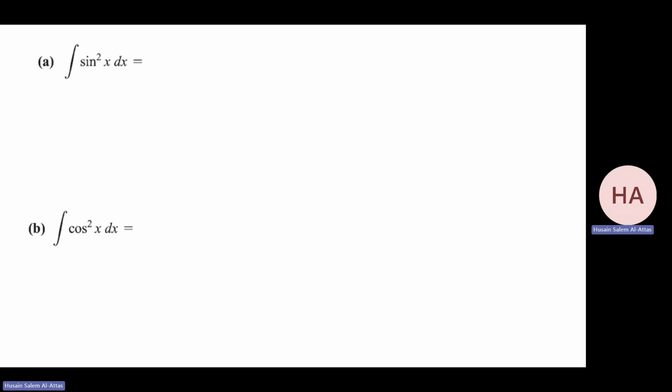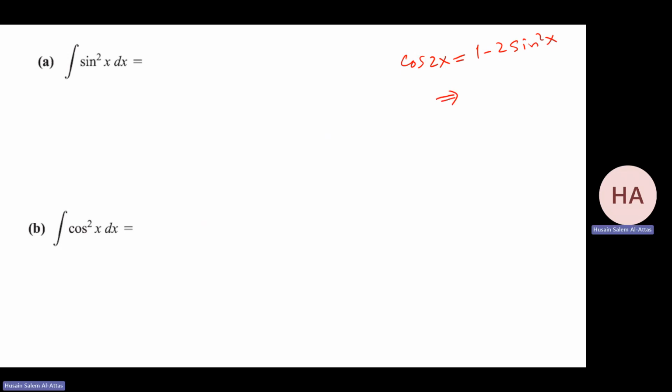Okay. Integral of sine square. How to do integral of sine square? There's no formula, but there is a trick you can do. You know, cosine 2x is 1 minus 2 sine square.